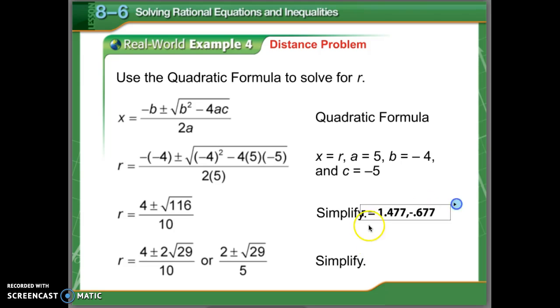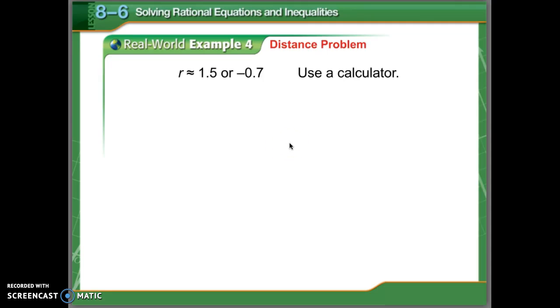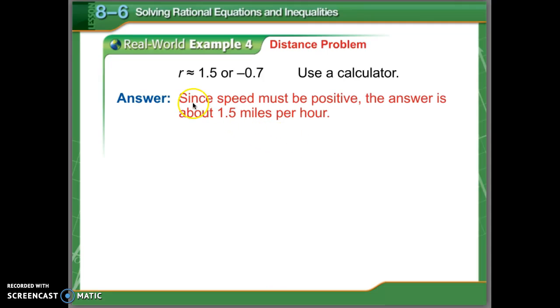Let's see if I can move it over. Okay, there we go. So the only answer that's applicable for us is the 1.477. Okay, they actually did it over here. So since speed must be positive, the answer is about 1.5 miles per hour that their rate is in the water if there's no current, when it's still water.